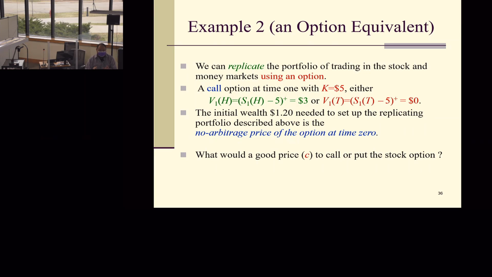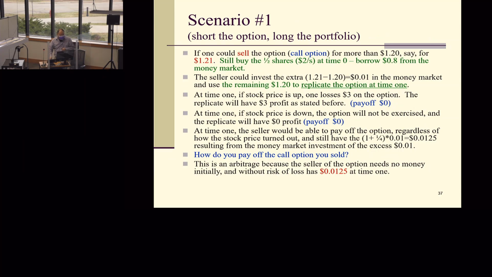Am I okay? Which is the C value I'm talking about. So, with an initial wealth of $1.20 needed to set up the replication portfolio described above, the non-arbitrage price for the option at time 0 is C. Let's take a look. What's going on?